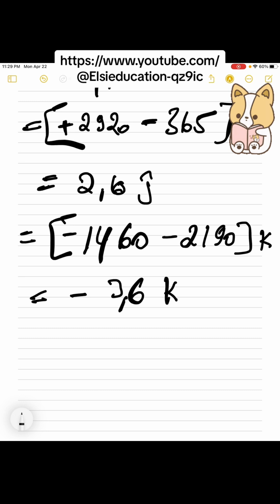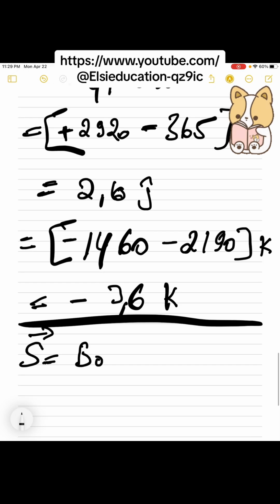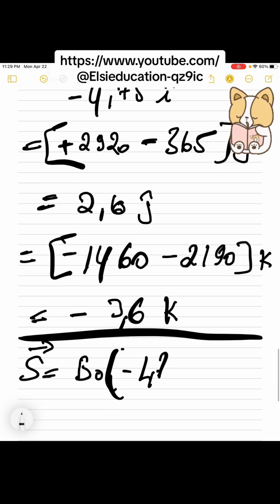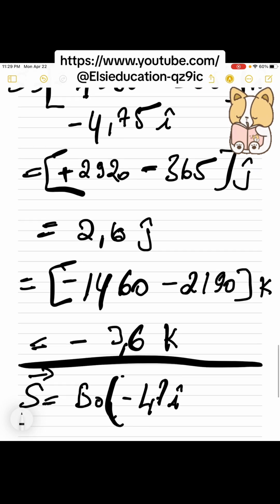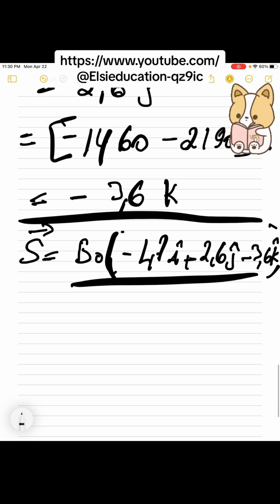So the Poynting vector will be equal to B initial multiplied by minus 4.75 E plus 2.6 J minus 3.6 K divided by the constant.